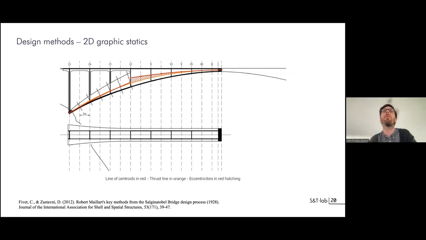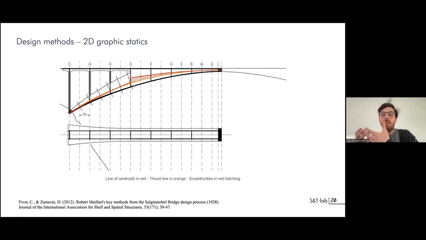There was a real optimization so that the thrust line and the centroids of the sections were as close as possible. So removing this material makes the centroids lower and almost aligned to the thrust line, so that the material in the bridge is used without creating important bending moments, really trying to achieve as much compression as possible.